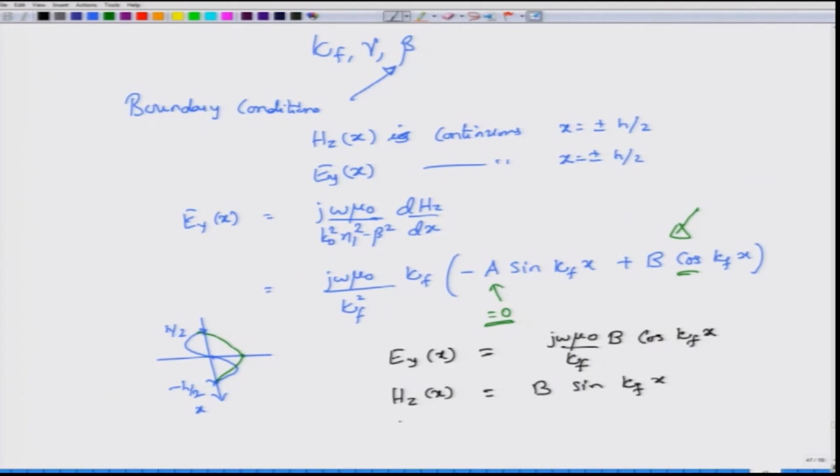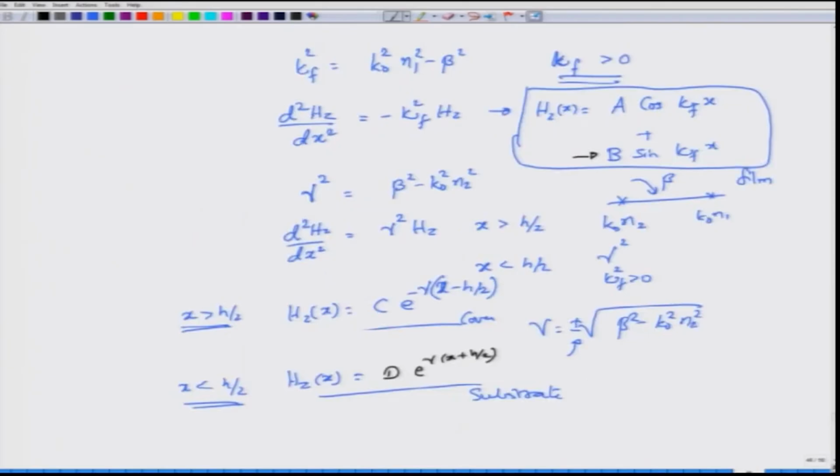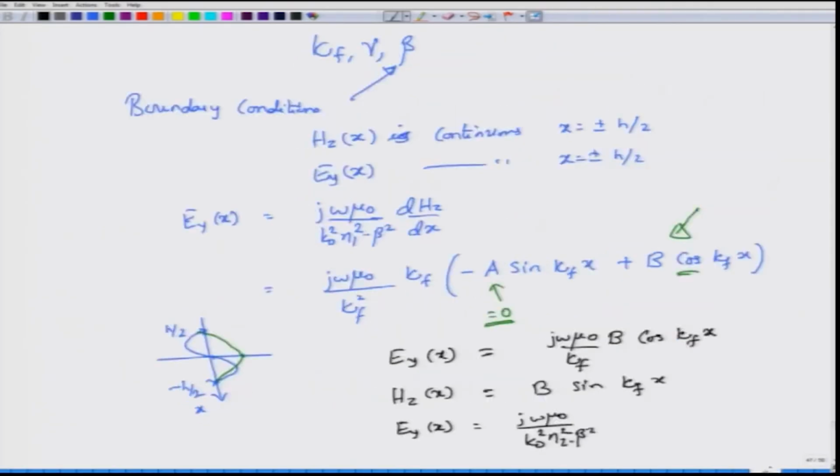What would happen in the cover region? In the cover region, Ey of x will be equal to j omega mu naught divided by k0 square n2 square minus beta square, times the derivative of Hz with respect to x. In the cover, we already know that Hz goes as some constant c times e to the power minus gamma x minus h by 2.